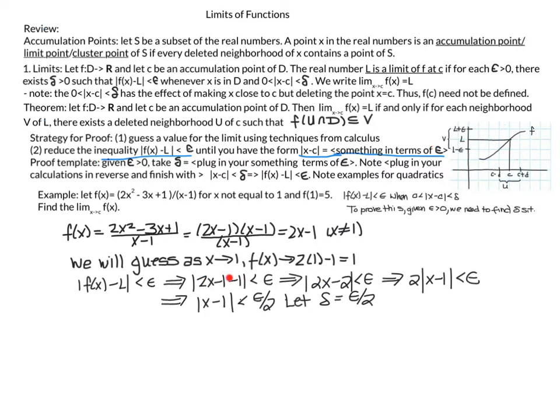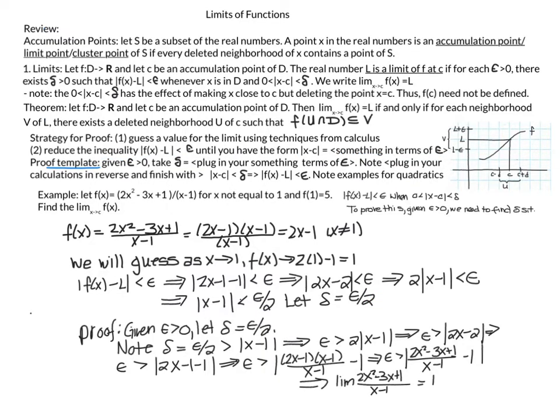So I do the algebra, combining the two negative 2's, I pull out the 2, and then I can divide by 2 on each side, and I get |x minus c|, which is exactly what I wanted, is less than epsilon over 2. And we're going to take this something in terms of epsilon and let delta equal epsilon over 2.